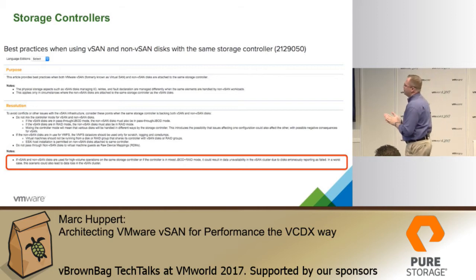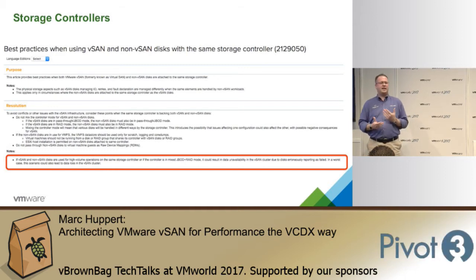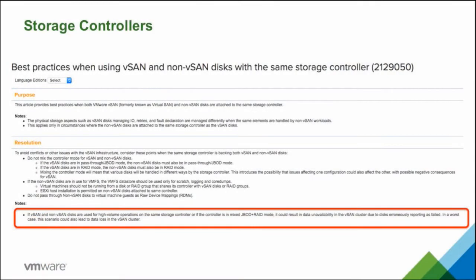And then there's sometimes strange configuration when coming to customer sites where the customer has created their own vSAN implementation. The problem with that is, in 99% of cases, the customer is going to use vSAN and non-vSAN disks attached to the same controller. For example, a RAID 1 configuration for the ESXi binaries, and then the other disks attached to the same controller used for vSAN. It is officially not supported. There is a KB article.